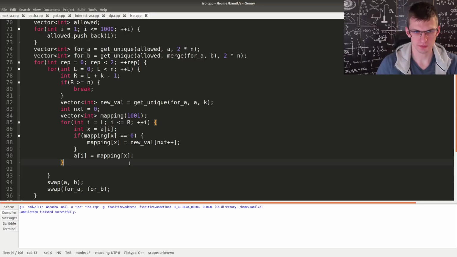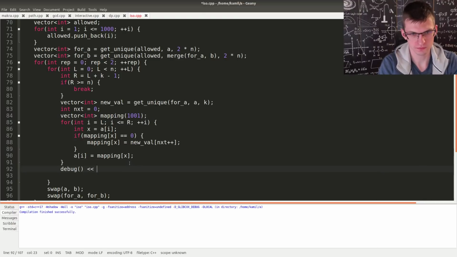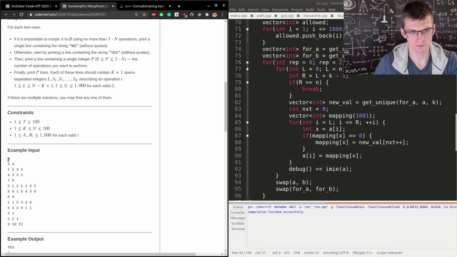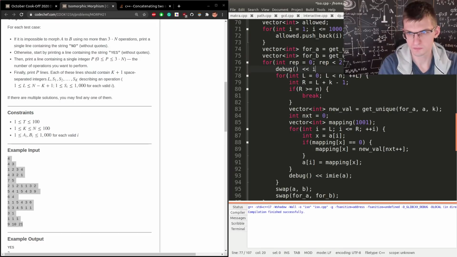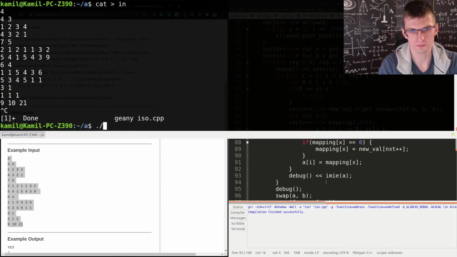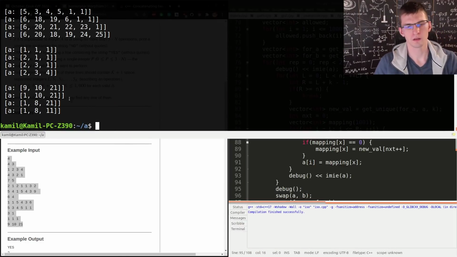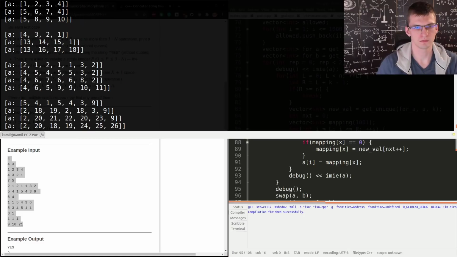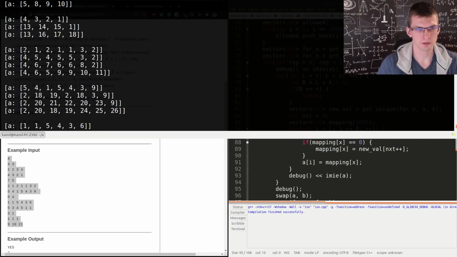If I aim some mapping, okay, this. Let's see what happens here. 2 and 2.